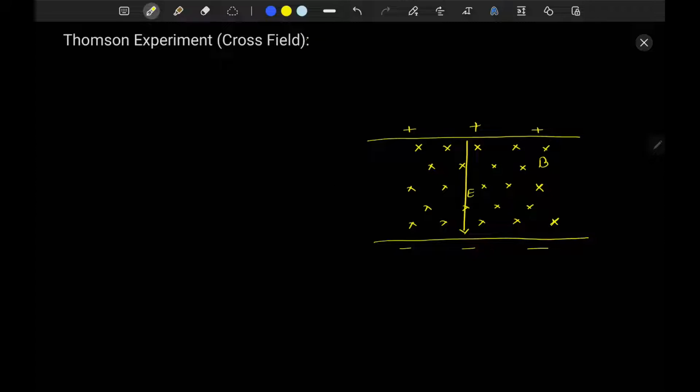Now when a fast moving electron or charged particle enters into the region containing both electric field and magnetic field, the charged particle will experience two forces: electric force as well as magnetic force.